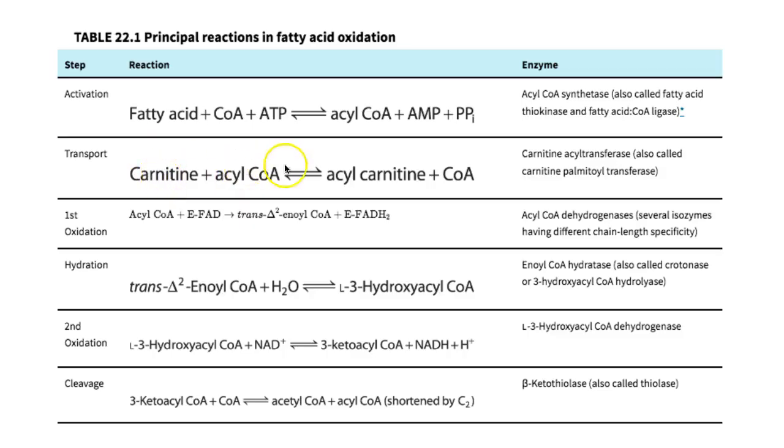And then once it is attached to that carnitine, it gets transported into the mitochondria. And then from there it gets reattached to the coenzyme A that's within the mitochondria. And now we have the acyl coenzyme A that's ready to go through beta oxidation.